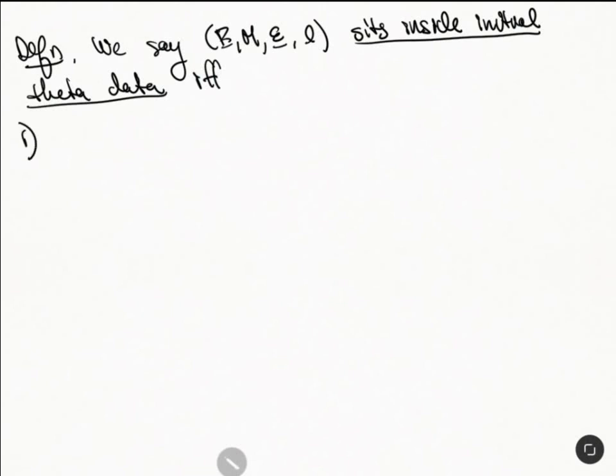1, so we're going to demand that F over Q bar is Galois.